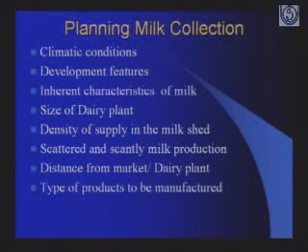Then distance from market, dairy plant, the long distance means sometimes milk has to travel before it reaches the processing plant. Then the type of product, we have to take into consideration the type of product to be manufactured. Say for example, if you are manufacturing market milk or cheese, then the quality of the milk which is reaching the dairy plant should be of very high grade.